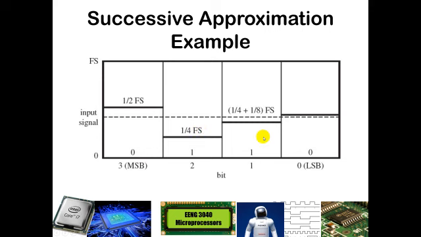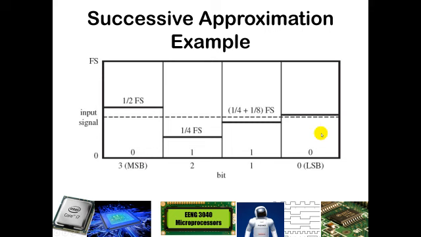The next bit represents 1/8 of full scale. Since we already have a 1 here, the question is, is our line representing the input signal more than 1/4 plus 1/8 of full scale? And it in fact is, so we put a 1 right there. Then we move on to the next bit, which would represent 1/16 of full scale.